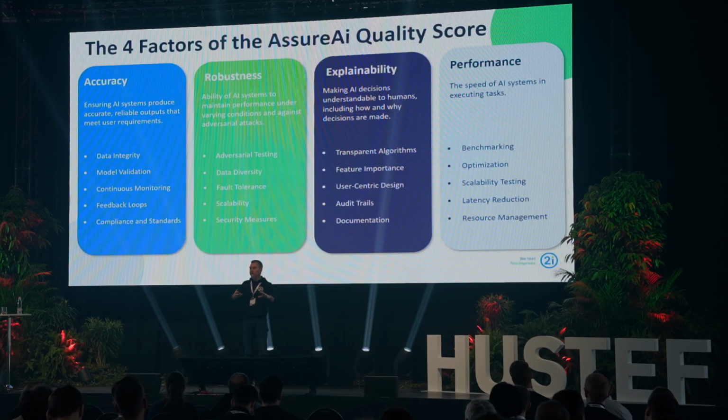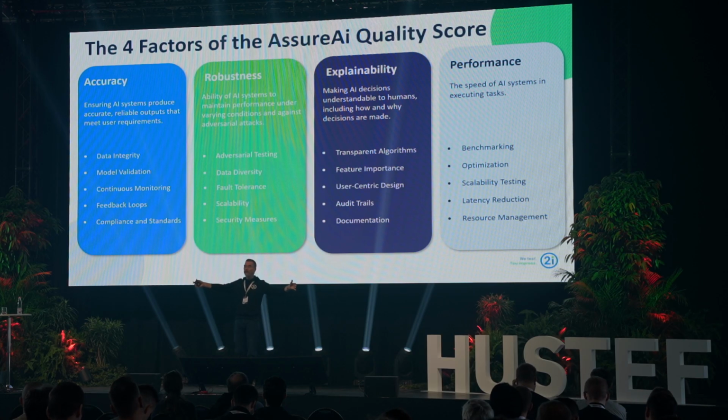So if you understand how to test the AI and what can go wrong with the AI, you can build your own quality assurance framework for asking the questions of, have we done this? Have we done that? Do we have measures and metrics in place to make sure that that's happening throughout the length of the quality engineering lifecycle?